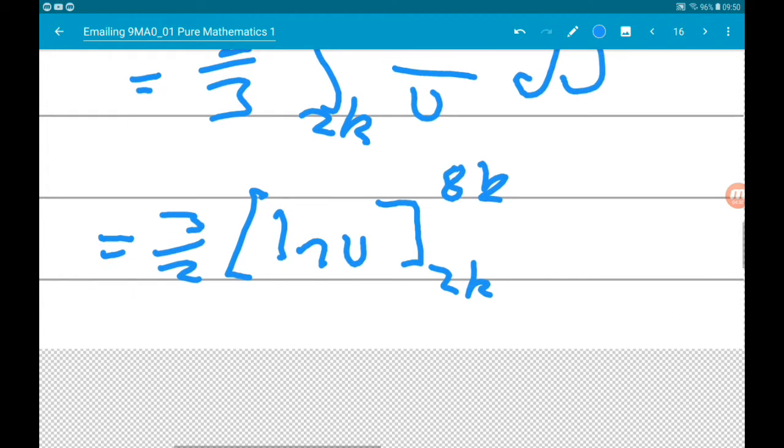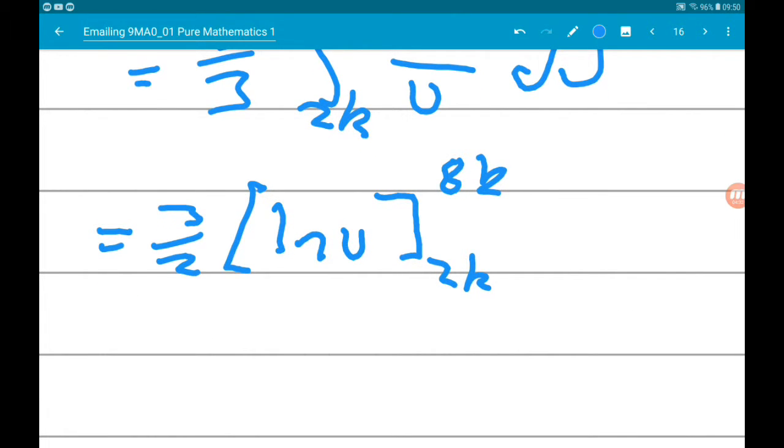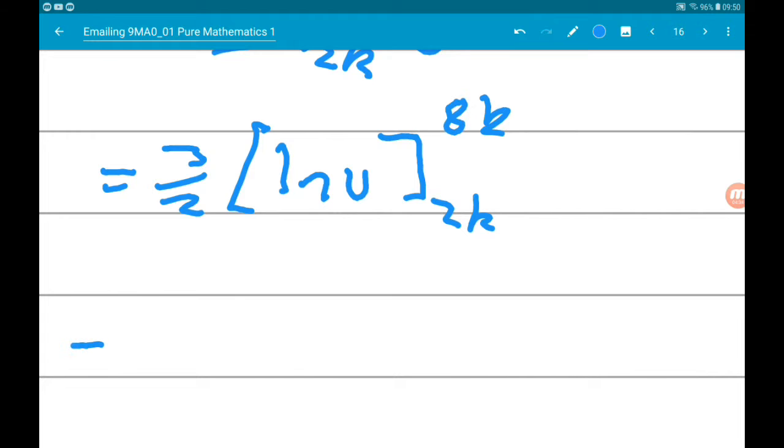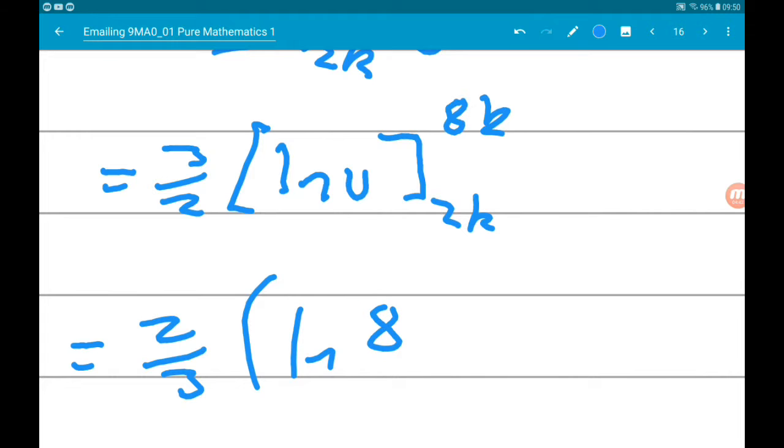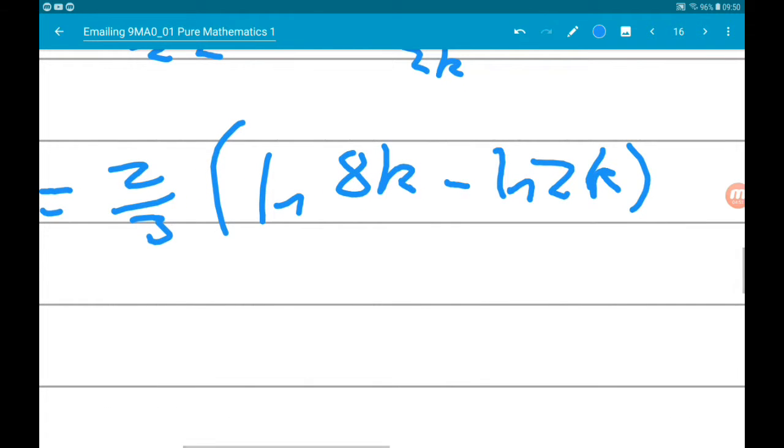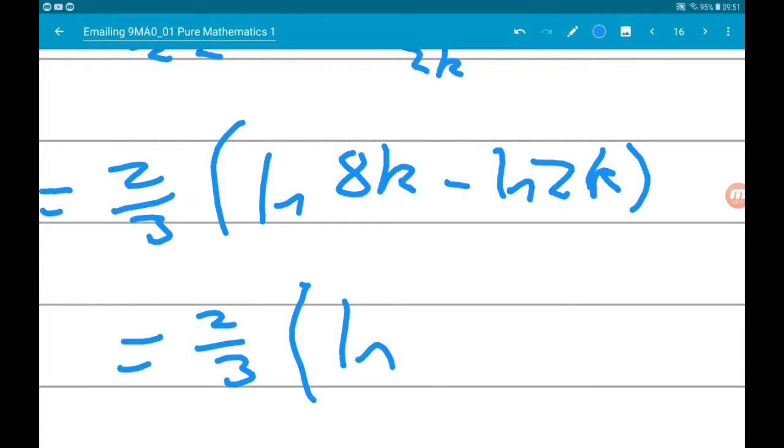So this is 2/3 of log 8k minus log 2k. Using the rules of logs, we can say that's 2/3 of log 8k over 2k, which is 4.